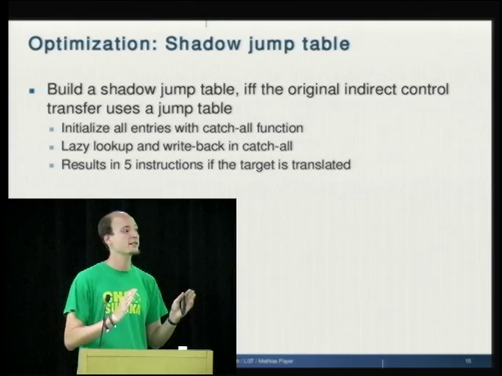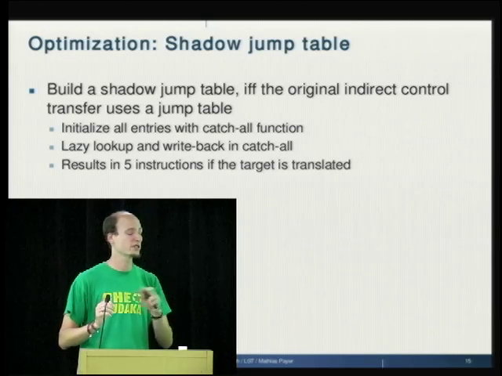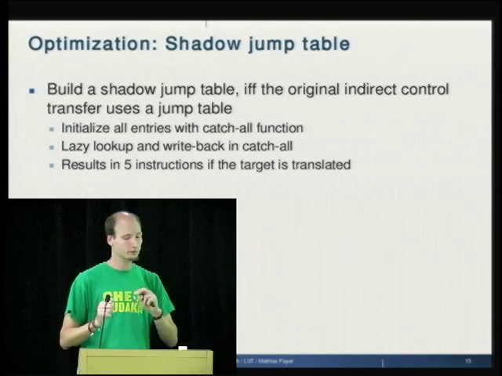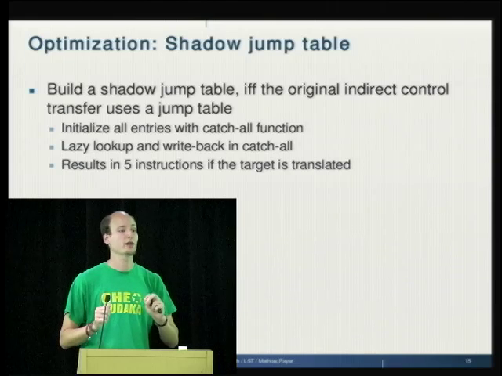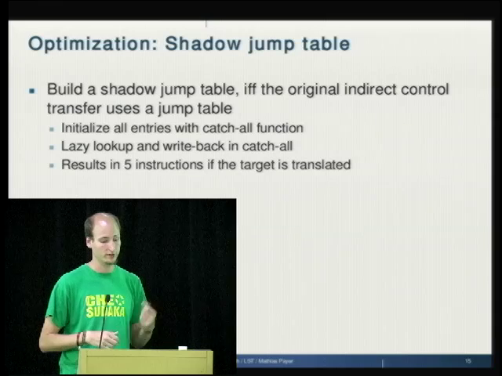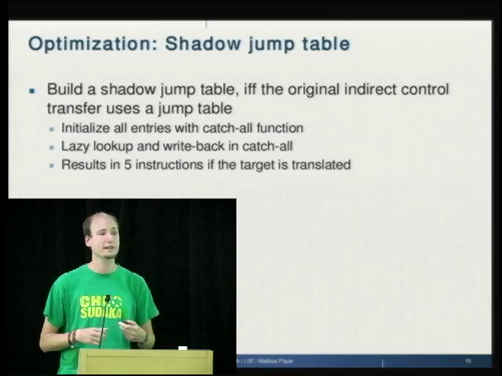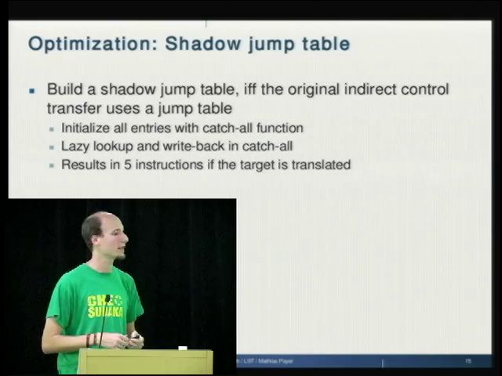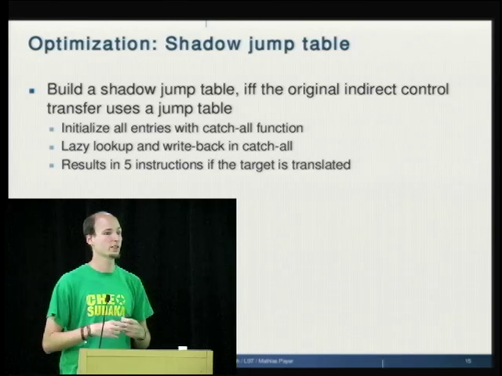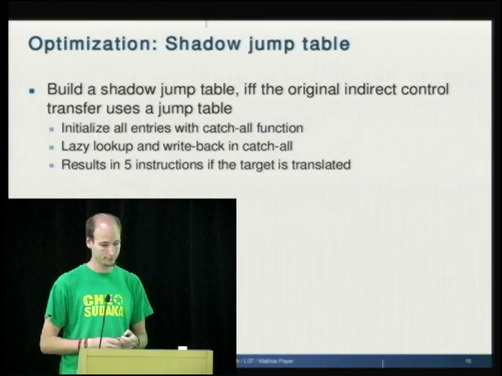If we now detect a jump table that is used in memory, we build a shadow jump table with translated targets. We check the translated target, branch to the translated target, and check if it's the correct one. Otherwise, we branch into a backup function. This results in a very low overhead of only 5 instructions if the target is already translated and we have a shadow jump table in place. Similar to the branch prediction, but with a whole jump table in the back.